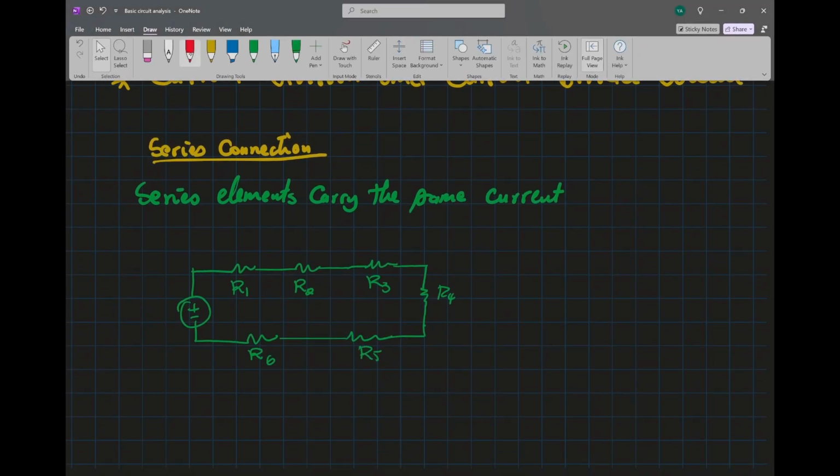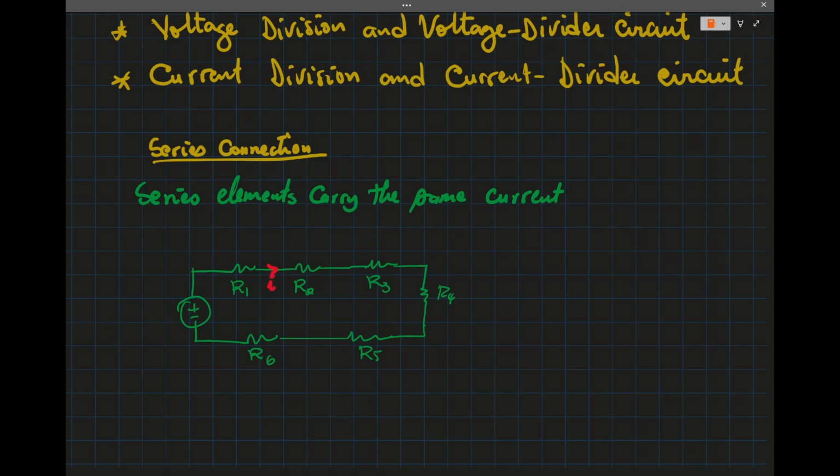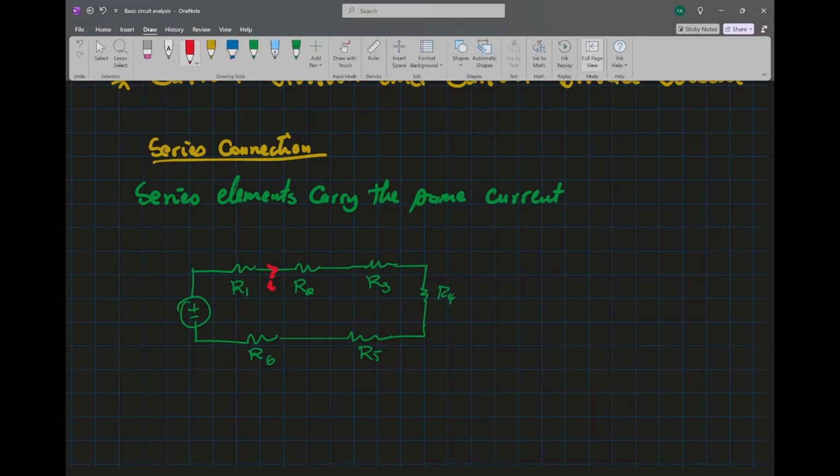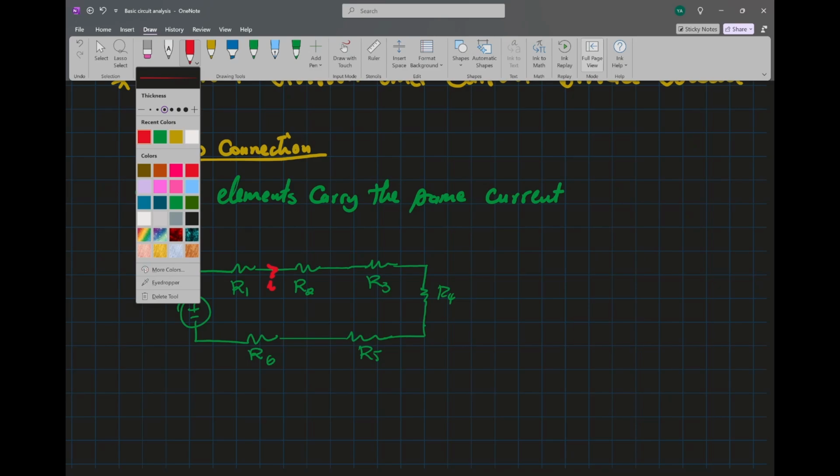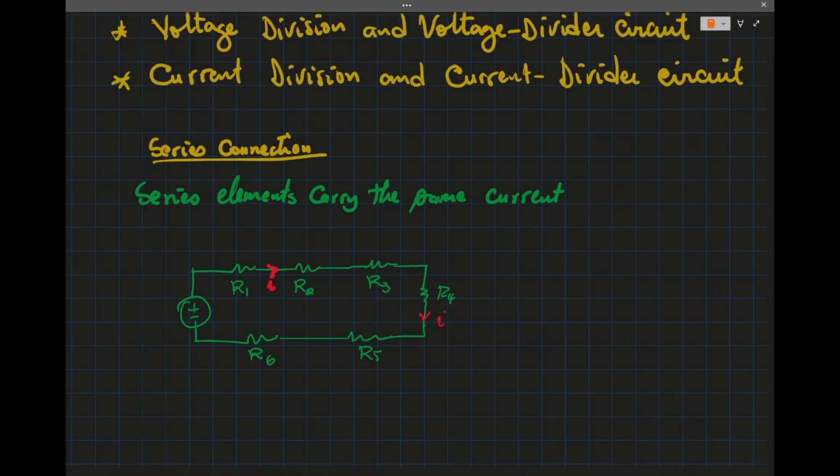So the current I here is the same current here, is the same current there, and that's the same current supplied by the voltage source Vs. So the current is the same through R1 to R5.